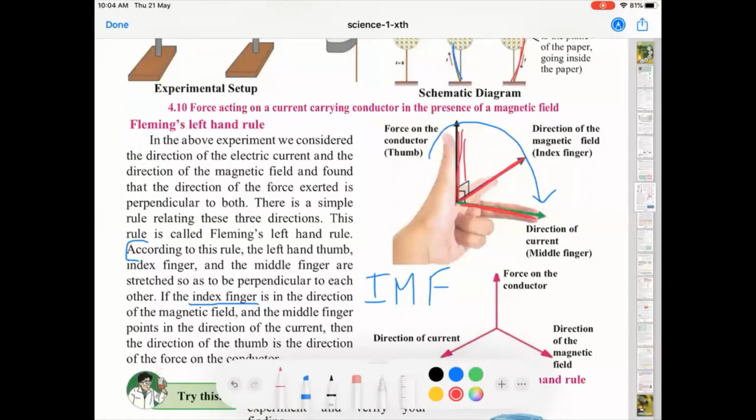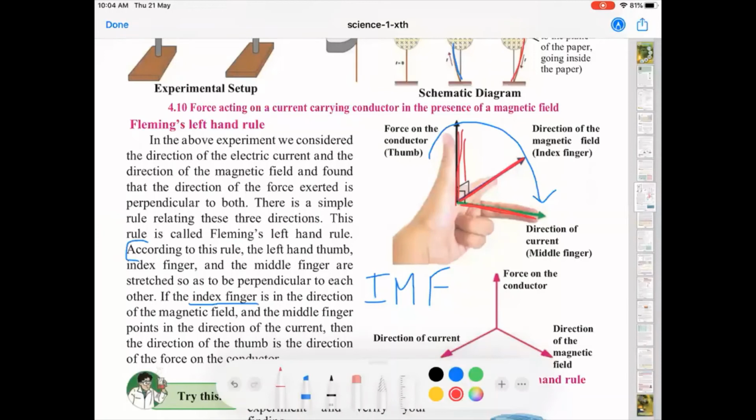So Fleming's left hand rule explains why the wire in the beginning of the experiment we saw was moving outwards and inwards, and why it was perpendicular. Because Fleming's left hand rule tells us that first of all, we have to stretch our thumb, index finger and middle finger in such a way that they are perpendicular to each other.